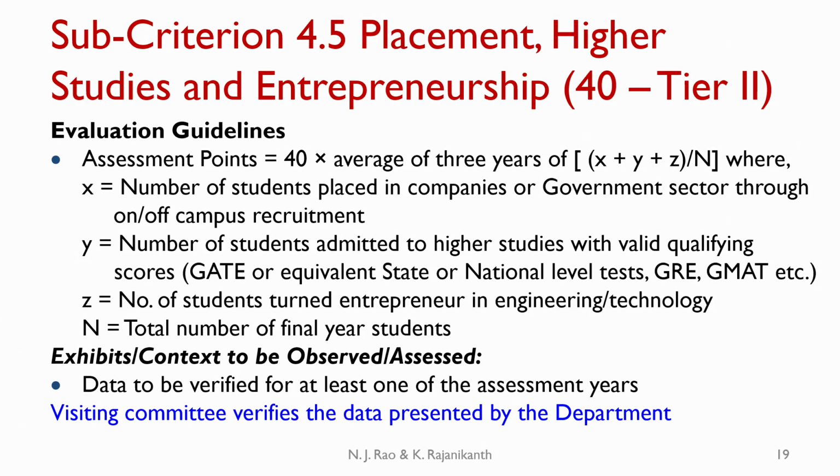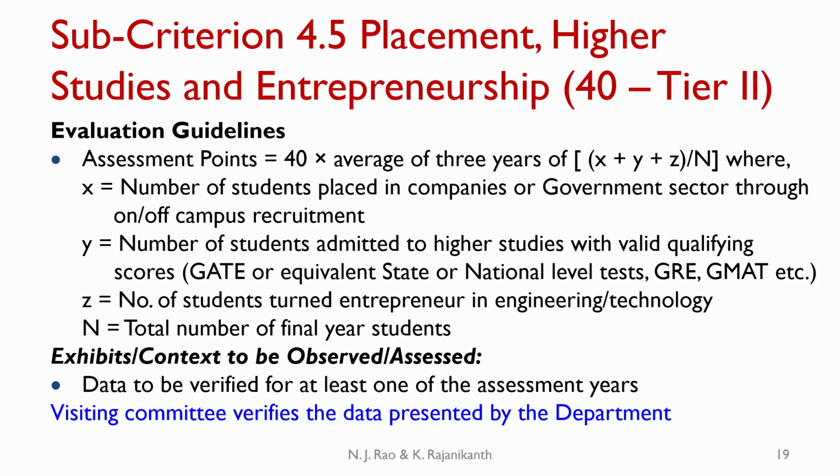And z is the number of students turned entrepreneur in engineering or technology, not any family business type of entrepreneurs. Even if it is a family activity, it should be in engineering or technology. So, z is the number of student entrepreneurs.